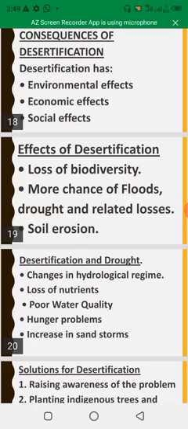That is, number 1, loss of biodiversity, which is an environmental effect, which makes flood occur. Then droughts and soil erosion, which will wash away the topsoil.